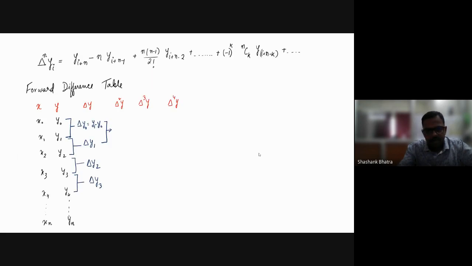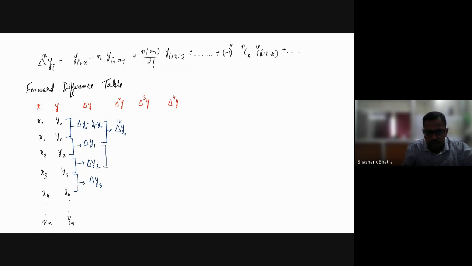So in the similar manner here, rather than utilizing the expression which will be quite lengthy, that means y2 minus 2y1 plus y0, I can simply deduct this quantity from this one. That means this will be your delta 2 y0, which is your delta y1 minus delta y0. Okay, similarly for the other cases as well.